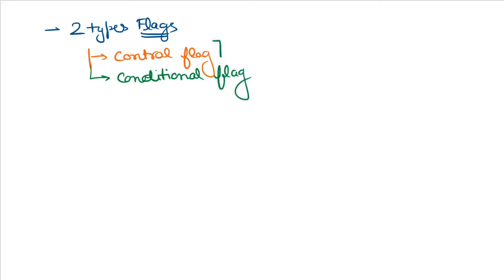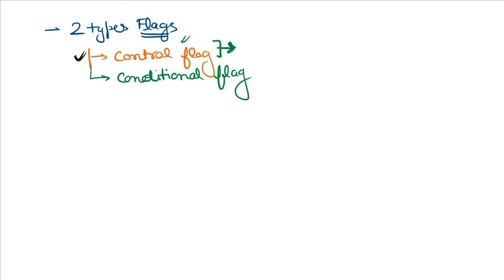The control flag is not really in our use, we don't require control flags as per GATE. If we want to, we can study this, but since it is not relevant from the GATE point of view, we won't be discussing this too much. Let me give you a few flag names here. You can just search and read them, but there is no need to put extra effort into these control flags.